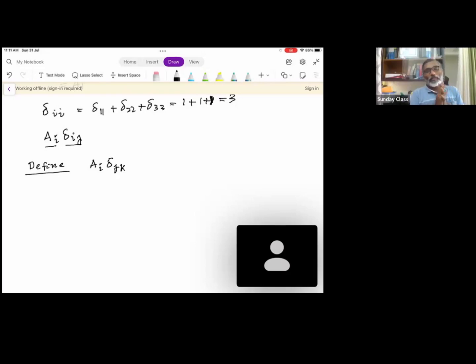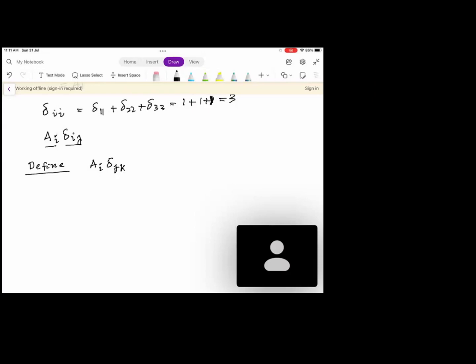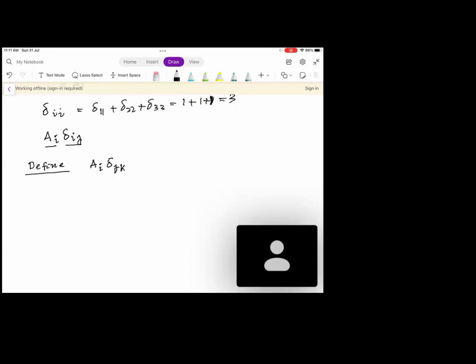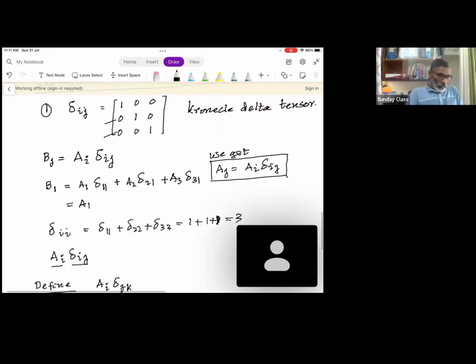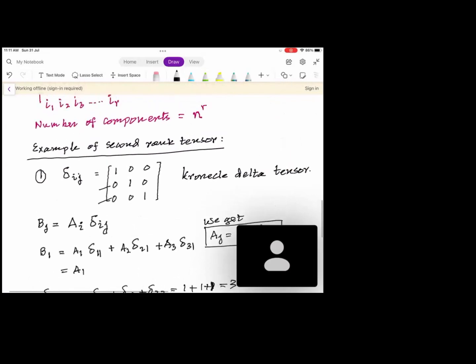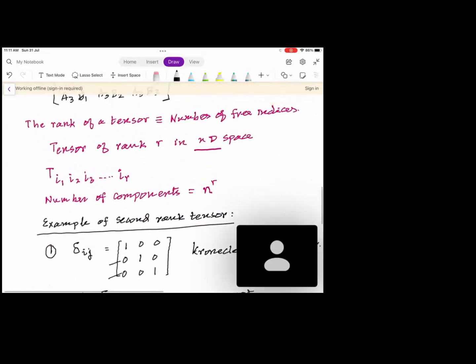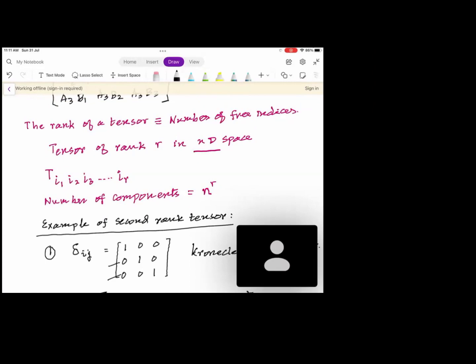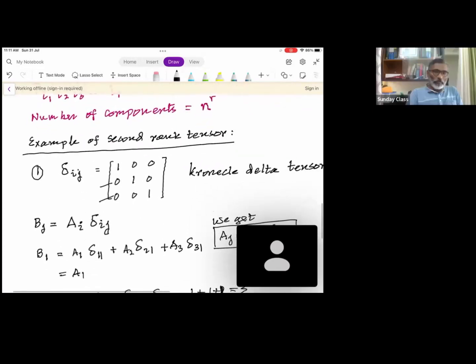Sir, but you have a condition for Kronecker delta, j equal to k, then only we have 1. Yeah, that's fine. So the rank is 1? Why? We have said that the rank is equal to the number of free indices, right? So how many free indices are there? 3.